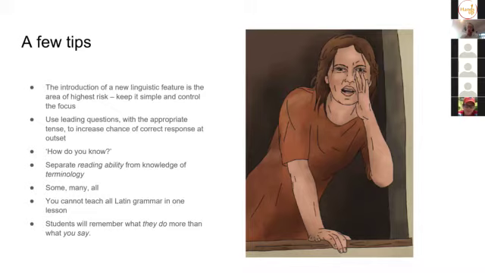So that use of leading questions that makes it pretty much impossible for somebody to get it wrong. Just at the start, I'm not saying we always ask questions which are super easy, but that structure, I think, is massively important. How do you know something? Again and again and again, at least to start with.